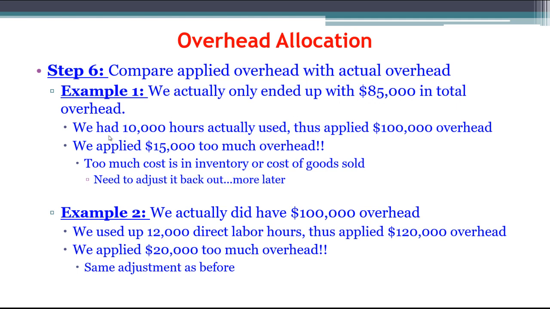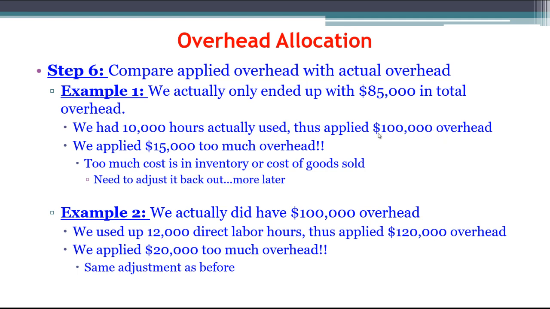And in this case, let's say we had 10,000 hours actually used. Therefore, we would have applied $100,000 as we expected. Our budgeted hours were right on. 10,000 times $10 means we would have applied $100,000 to all the jobs together.